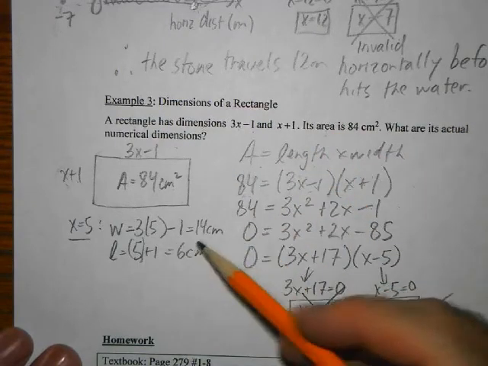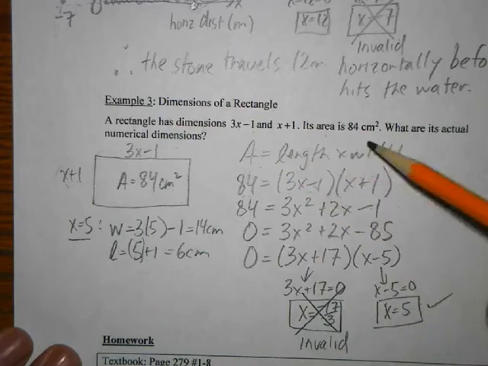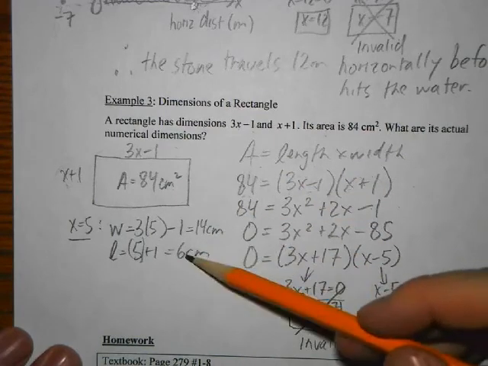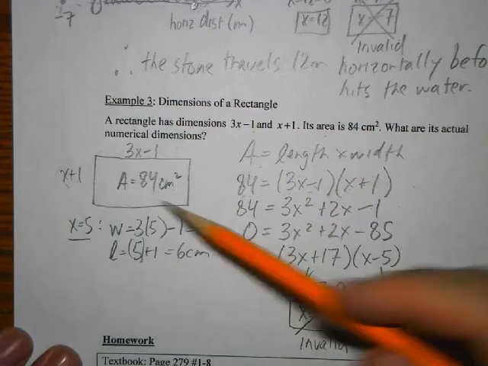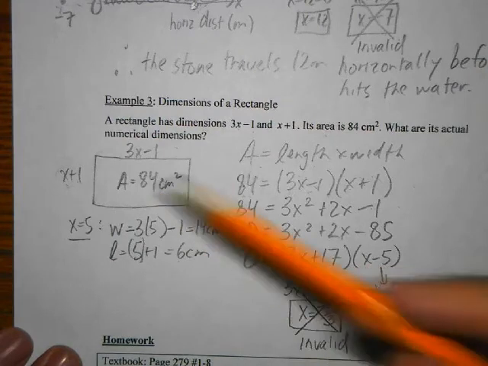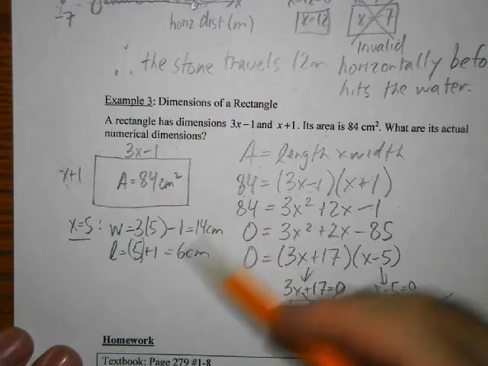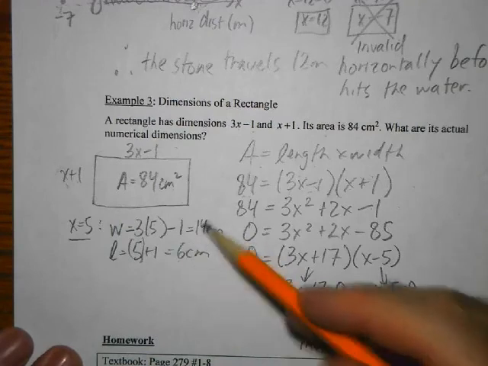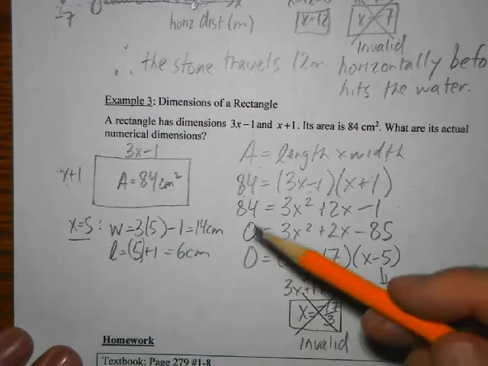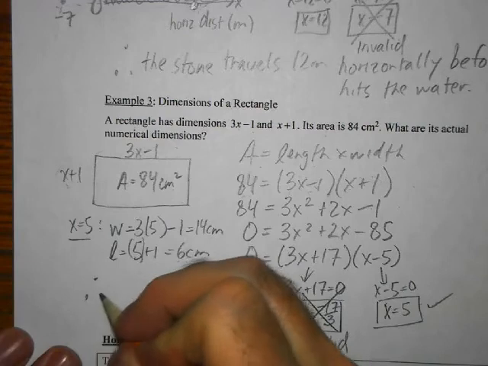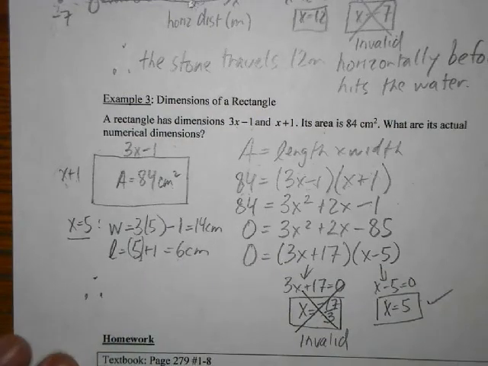And a good way to check, well, you know the area is the length times the width, so if we multiply 6 and 14, we better get 84, or something went wrong. And luckily, or not luckily, of course, that's what the multiplication gives you. Okay, so again, a word question deserves a word answer.